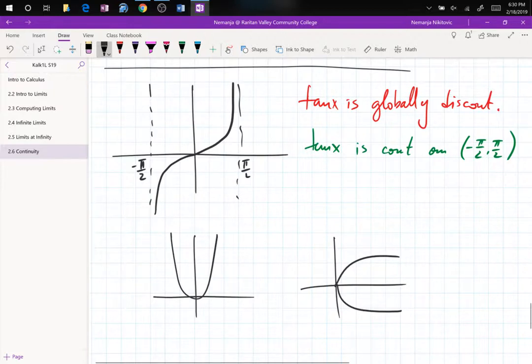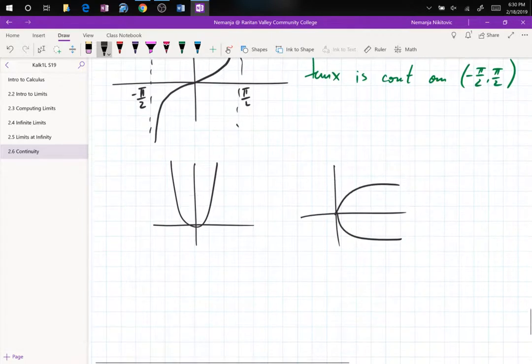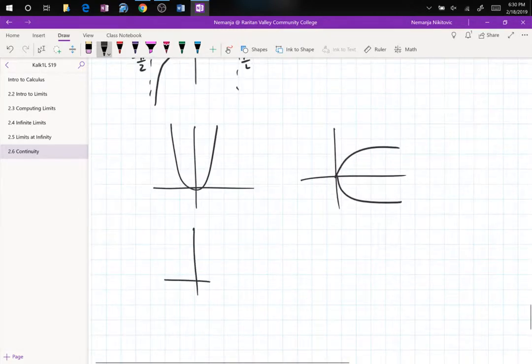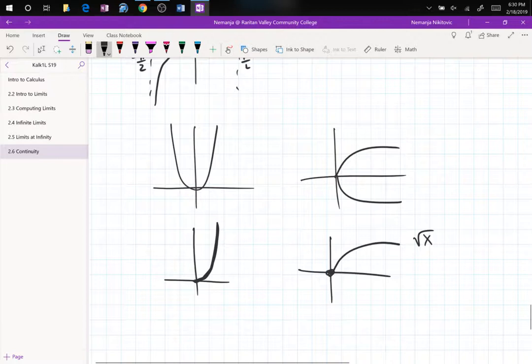It fails the vertical line test. But if you chop the domain, then it becomes just that. And guess what, that's your root x, right? And this is your x squared, but it has to be on 0 to infinity so that over here we have the inverse function.